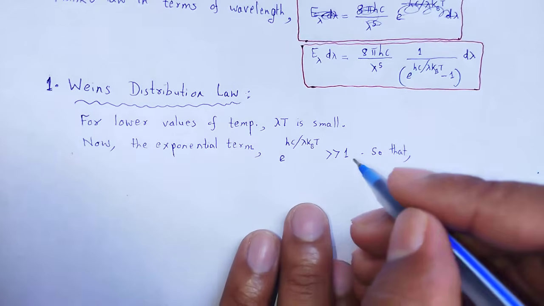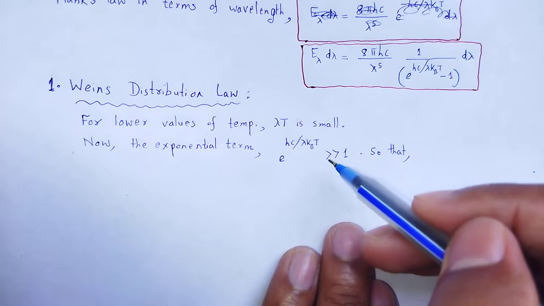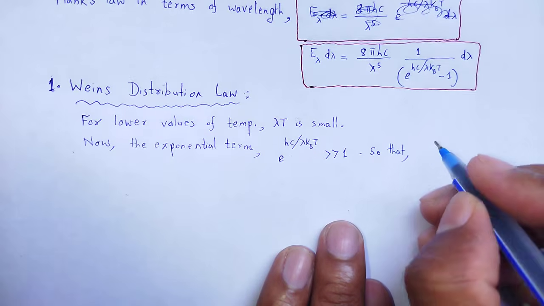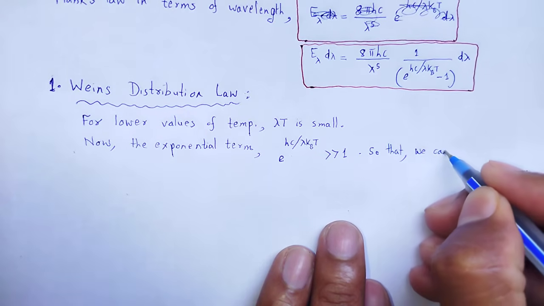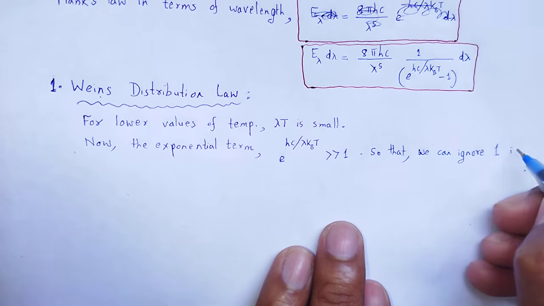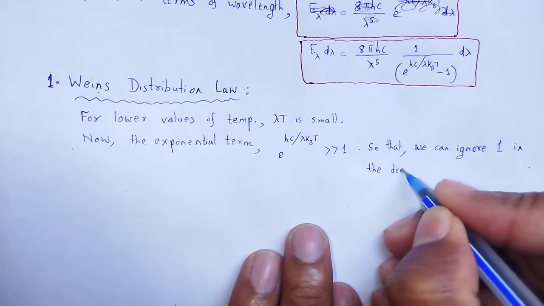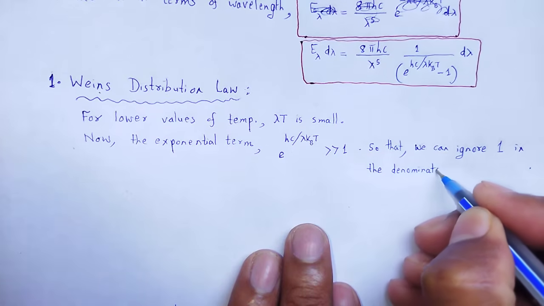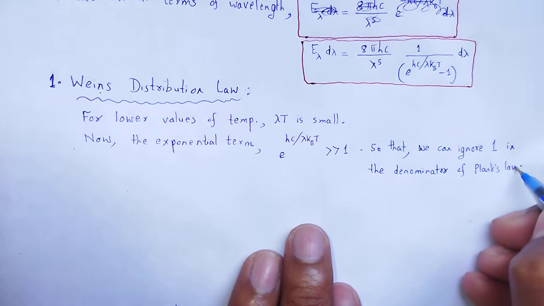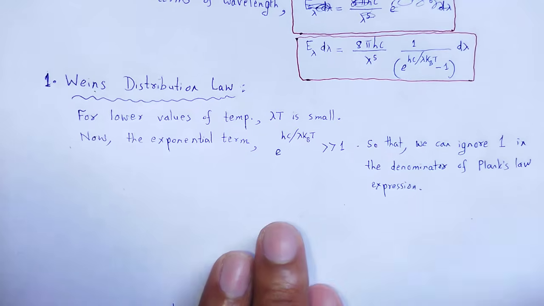Now, in the denominator side, as that quantity is very much greater than 1, we can neglect 1, so that we can ignore 1 in the denominator of Planck's law expression.